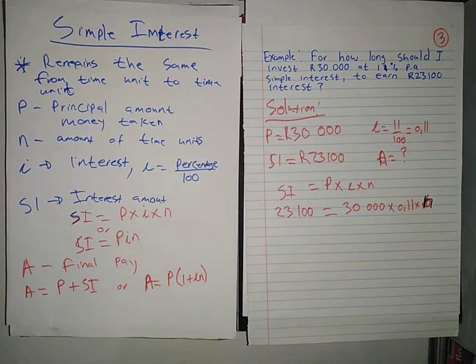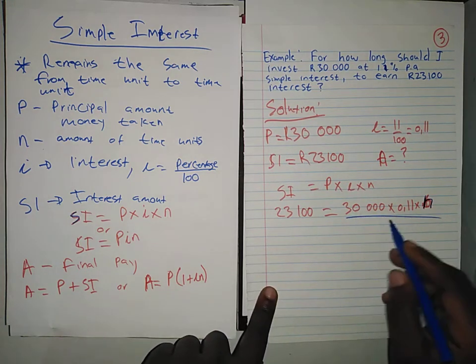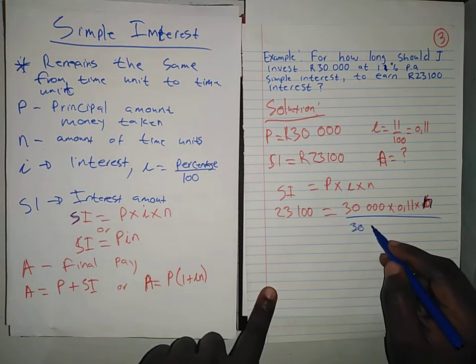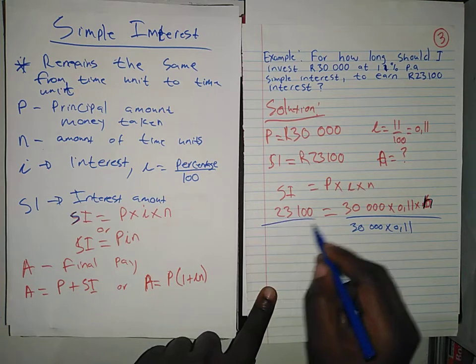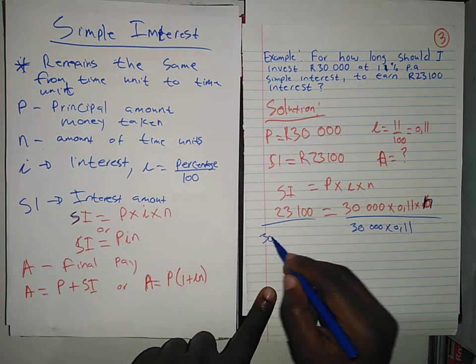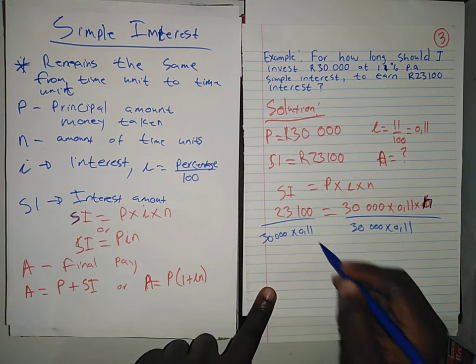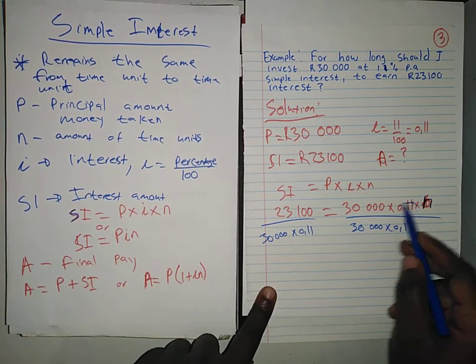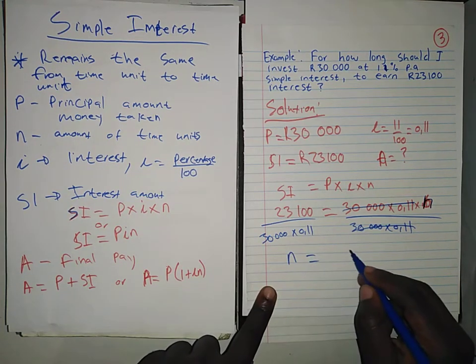There's nothing wrong with that, you can use it if you want to, but what I'm going to simply do is divide both sides by 30,000 times 0.11. What I do here I must also do on that side. So this will cancel this, and I'll remain with N.